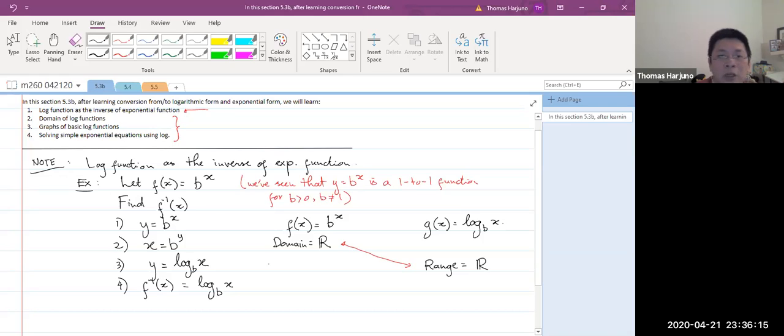Now, the range of the exponential function, which we know to be from 0 to infinity, right? That's the range. Now, that in our inverse function will become the domain.